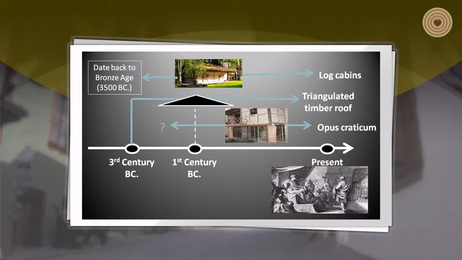One is what we call log cabin, and another is what in the UK we normally call half timber. Half timber can be traced to 1 century BC, but it could be even earlier. The oldest that we can find is in Italy, about 100 years before BC.